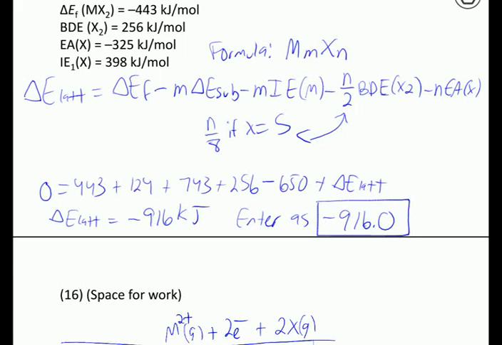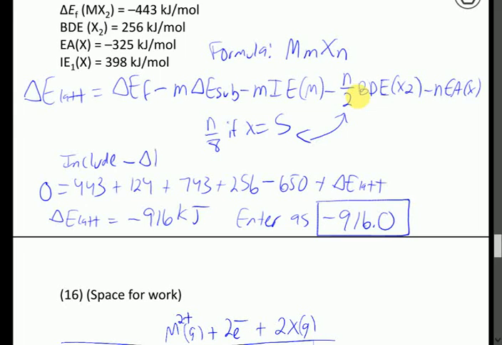And then if this is given to you in the problem, delta E, we'll keep it consistent, you'll have to include this term minus delta E vaporization. And the reason for that is because Br2 is a liquid.